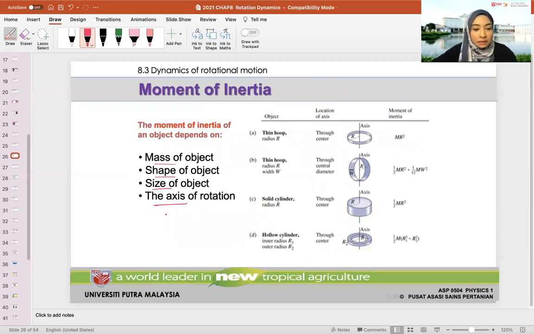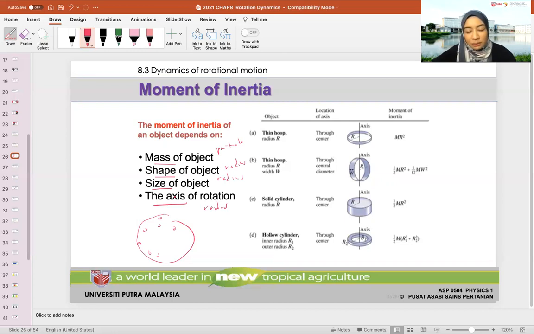Because we have a whole lot of particles, we need to know what is the axis of rotation to know the radius. Right? The axis of rotation tells us the radius. The size of the object tells us the radius. The shape of the object tells us the radius, and the amount of particles in that thing, the mass of the object, tells us how many particles are in that object.